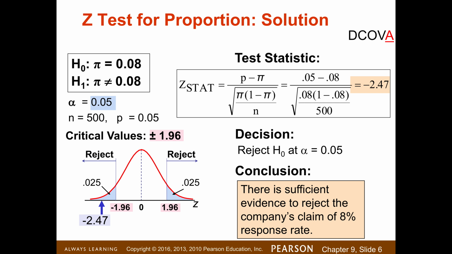So it's lower, or to the left, of negative 1.96, which is one of our critical values. So we reject the null at the level 0.05, and we say that there is sufficient evidence to reject the company's claim of an 8% response rate. Not only do we reject it, we can conclude that it's lower than the 8%.